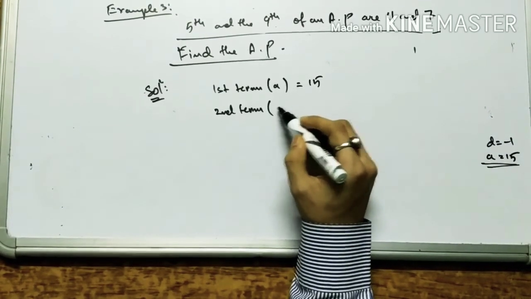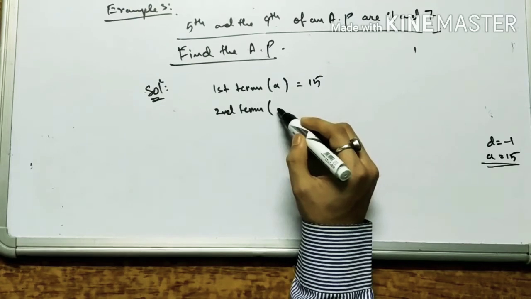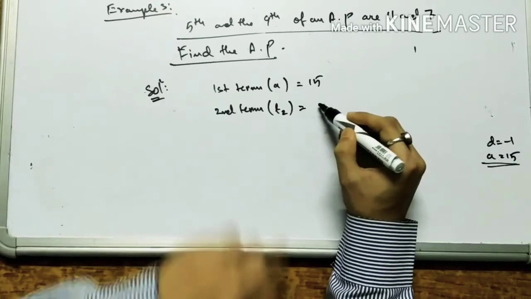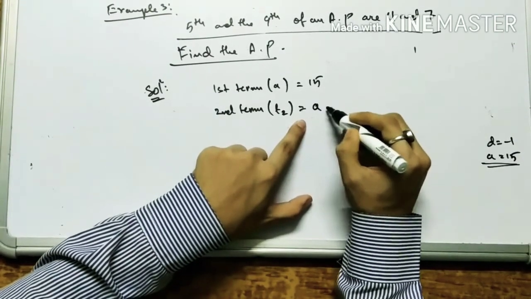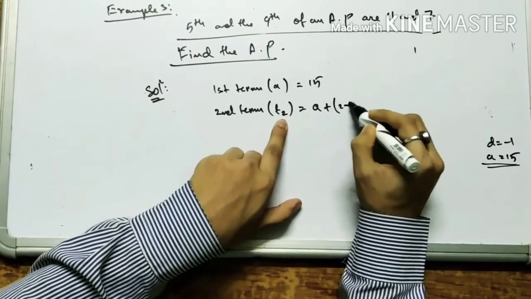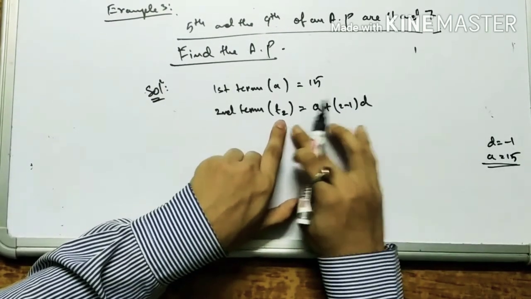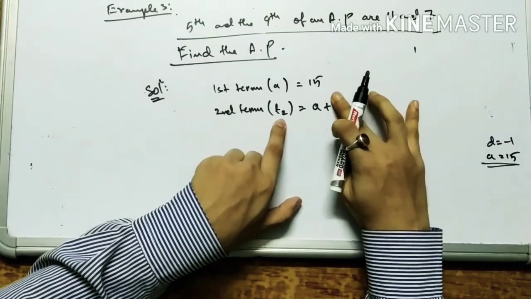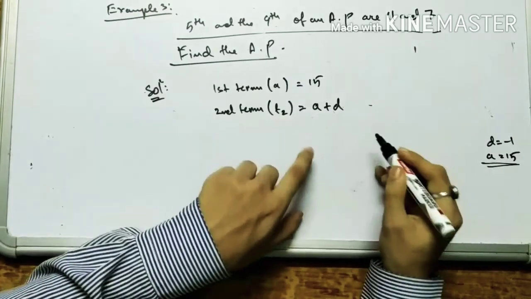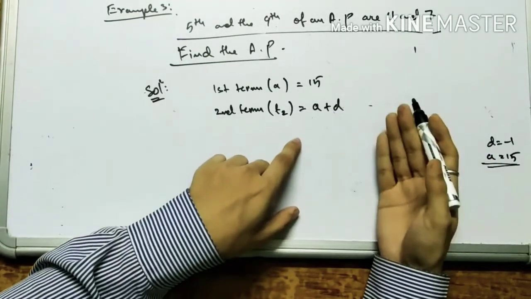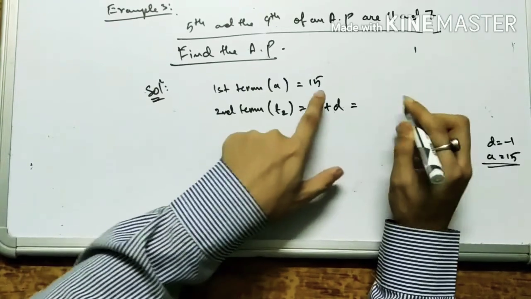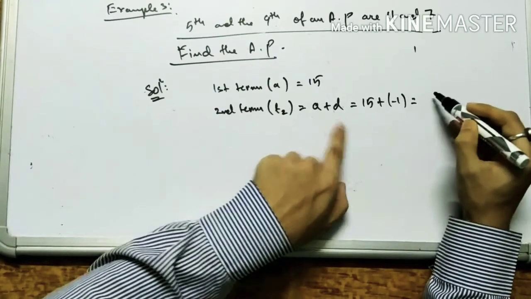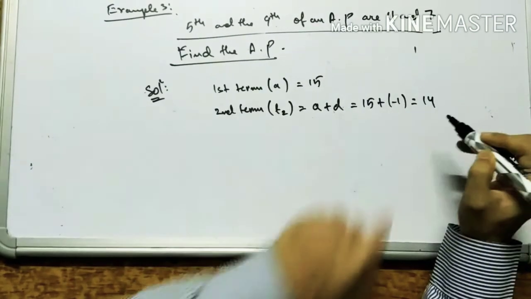Second term, T2, is a plus (2 minus 1)d. So directly I am writing a plus d. 2 minus 1 into d means 1 into d only. So a plus d. The a value is 15 and the d value is minus 1, so this ultimately gives me 14.